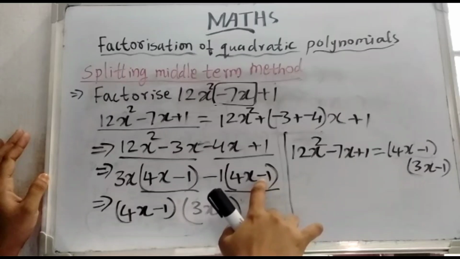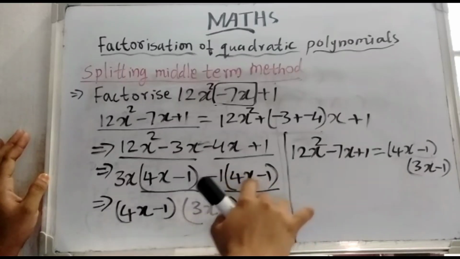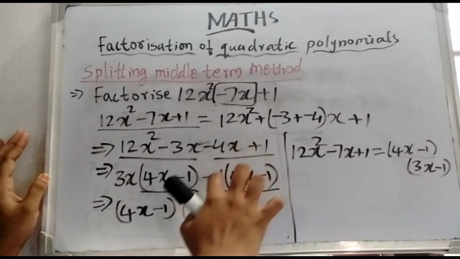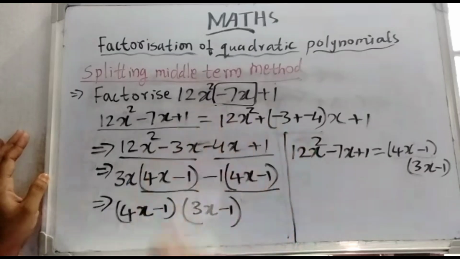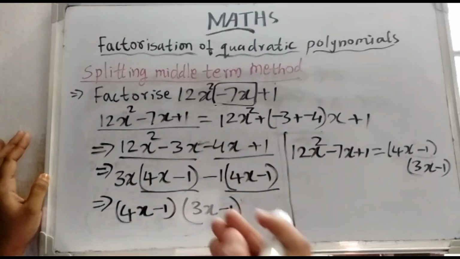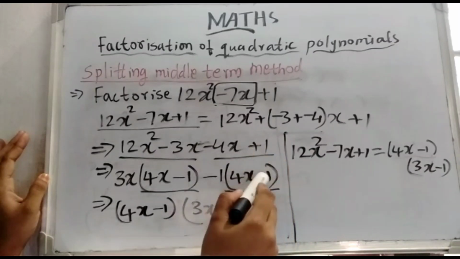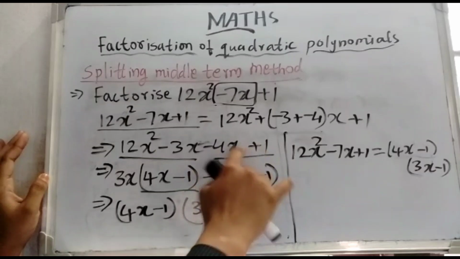How did we get the minus here? When we multiply this, minus 1 into 4x is minus 4x, and minus 1 into minus 1 is plus 1. If you have any doubts about the sign, just multiply. When we multiply here, we should get the correct answer here also.